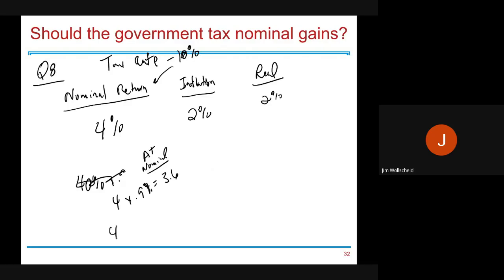So it's 4 times 1 minus the tax rate. I subtract 2% from that, and then I find my real after-tax return is 1.6%. So that's how you would do question 8 on the homework.